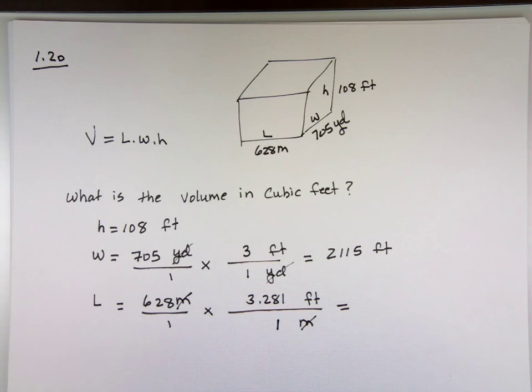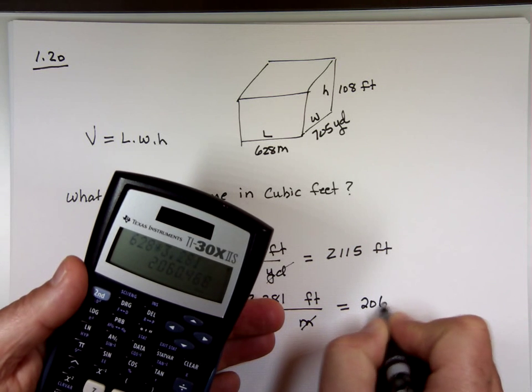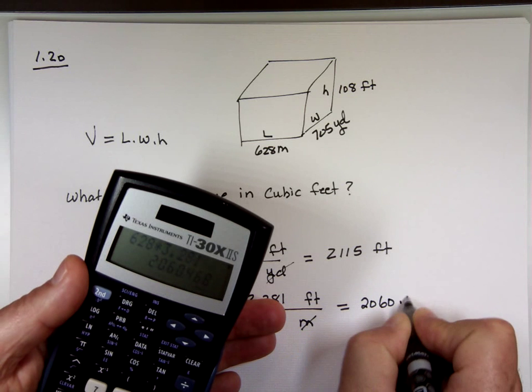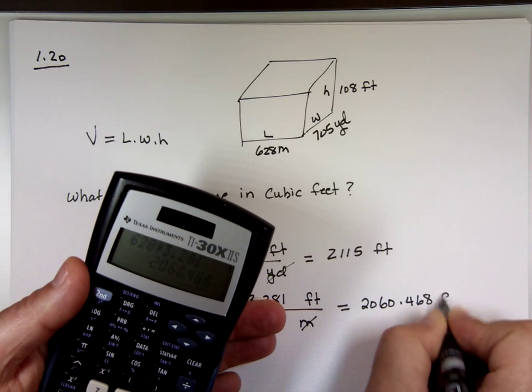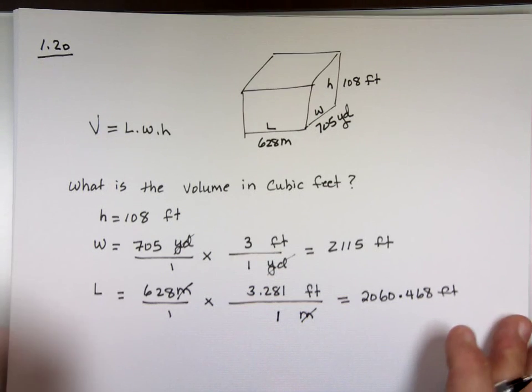So we do the math there. 628 times 3.281, which is 2060.468 feet. Notice I left all the numbers there. So what's my volume?